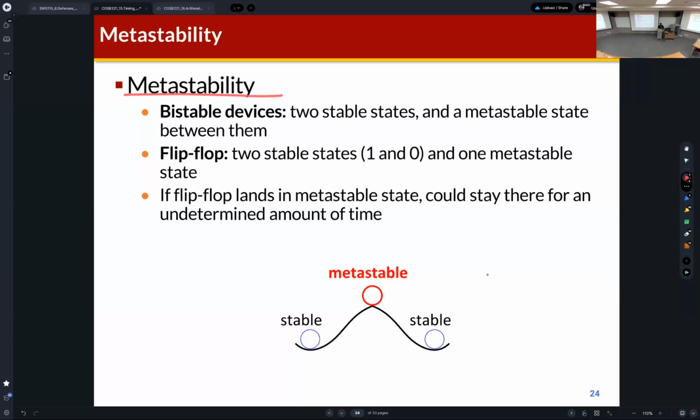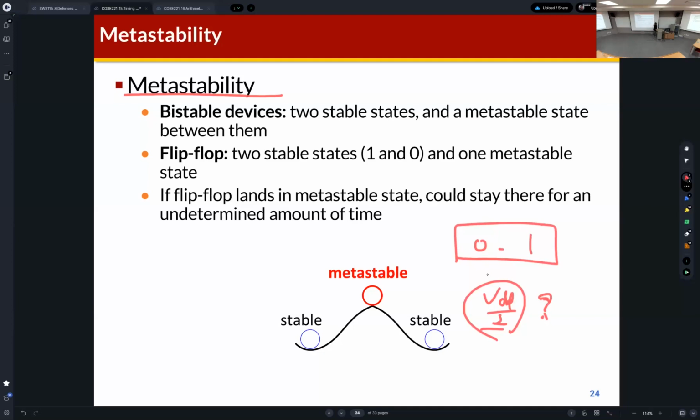So in the digital system, if the signal value is 0 or 1, then we can say that this system is stable. But if we cannot decide the signal value, for example, if the signal value is around half of VDD, then we cannot decide the exact value of this electric signal.